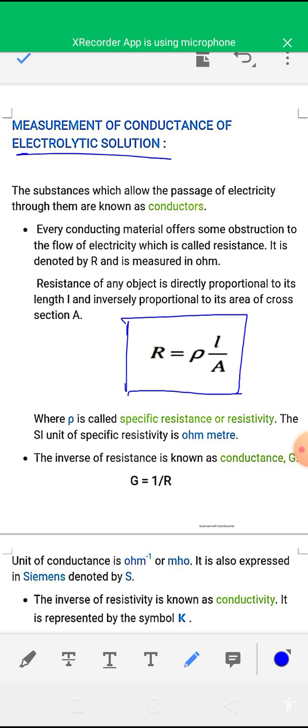And like a metallic conductor, an electrolytic solution also has some resistance.